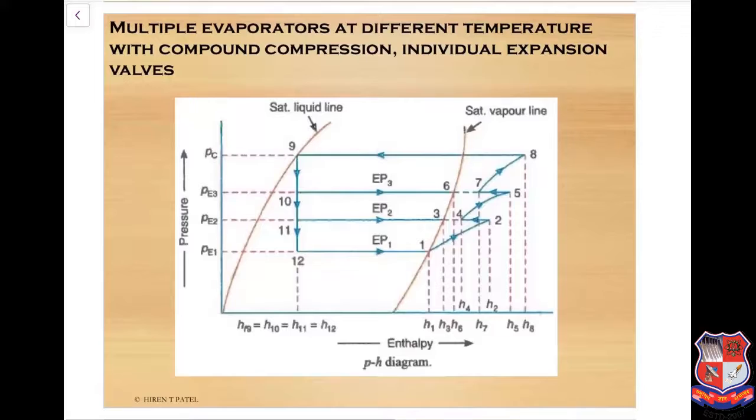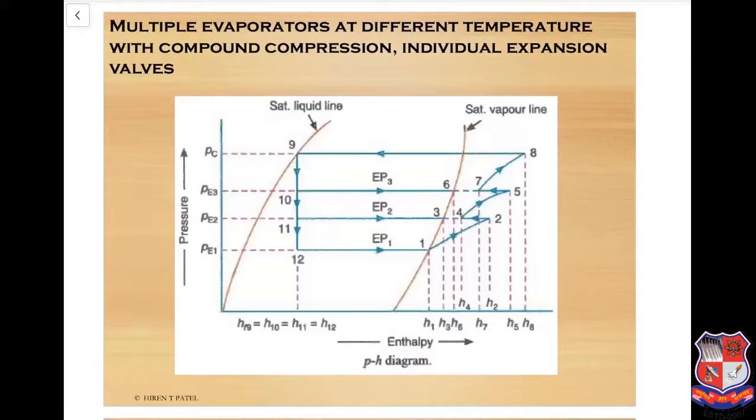Here in the pH chart we can see that 1 to 2 is the first compression, then 2 to 4 is mixing, 4 to 5 again compression, 5 to 7 mixing, and 7 to 8 is again compression. Here the refrigerant that is supplied to each and every evaporator is at the same temperature.